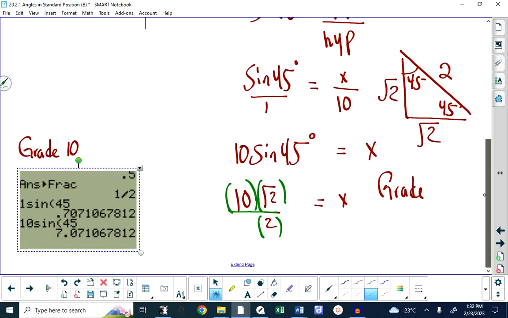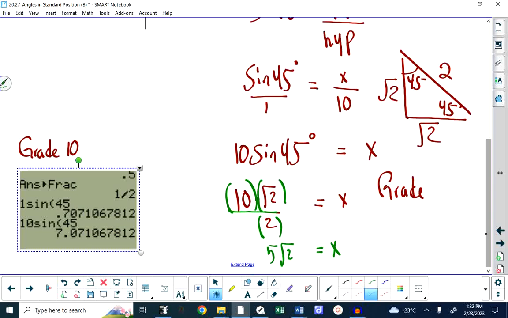So x has a value of exactly 5 root 2. Can you do me a favor and take 5 times the square root of 2 on your calculator? You get this, right? You get 7.07.